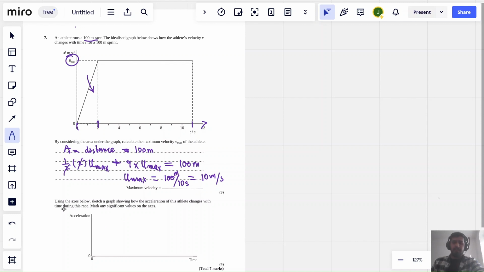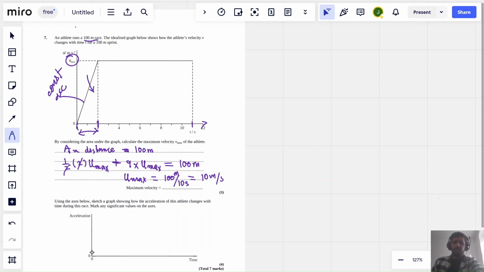I'll explain it here. Okay, so we can see that for the first 2 seconds, acceleration is constant because the slope of the velocity time graph is constant, right? It's a constant slope, which tells us that in this region we have constant acceleration.